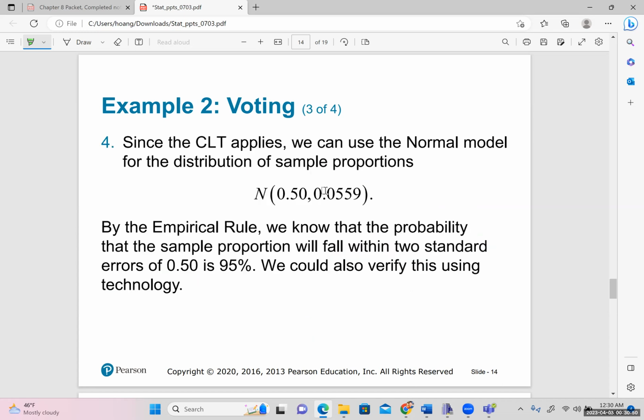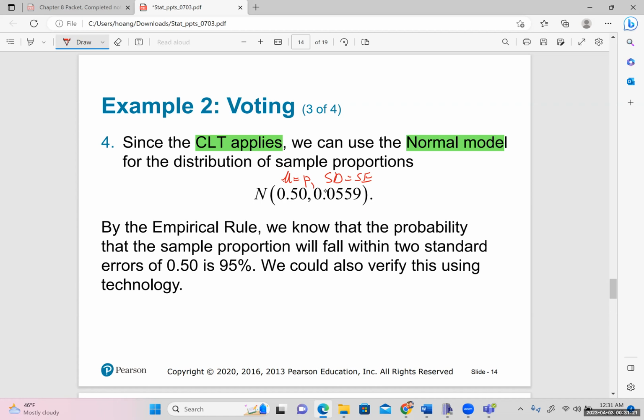Because we can apply the CLT, we can use the normal model with the mean being the proportion, 0.5, and the standard deviation now being the standard error, 0.0559.